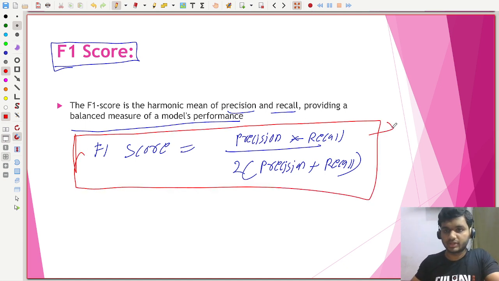So it is the harmonic mean of precision and recall.